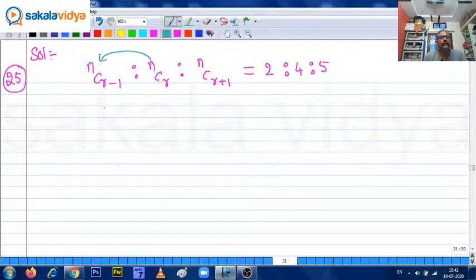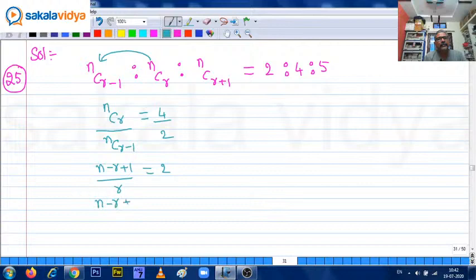That is nCr upon nCr minus 1 can be written as 4 upon 2. This we can write as (n minus r plus 1) by r equals 2. Cross multiplication: n minus r plus 1 equals 2r. Now n minus 3r equals minus 1, say equation 1. We get an equation in n and r.